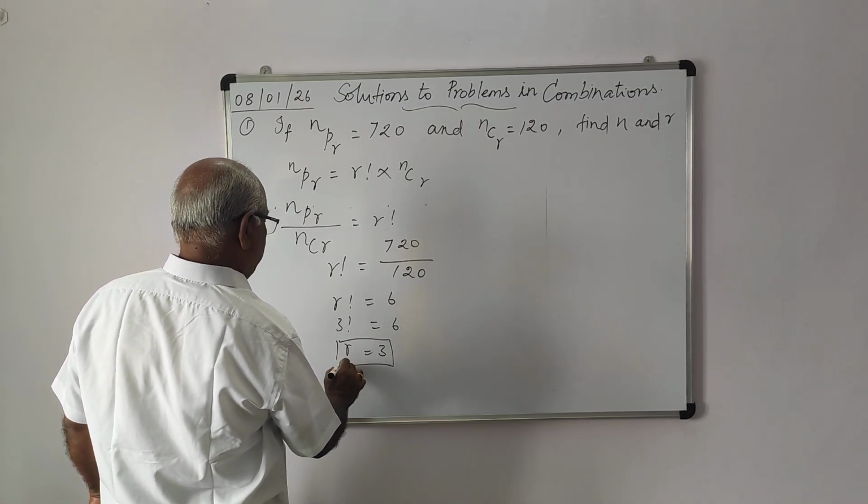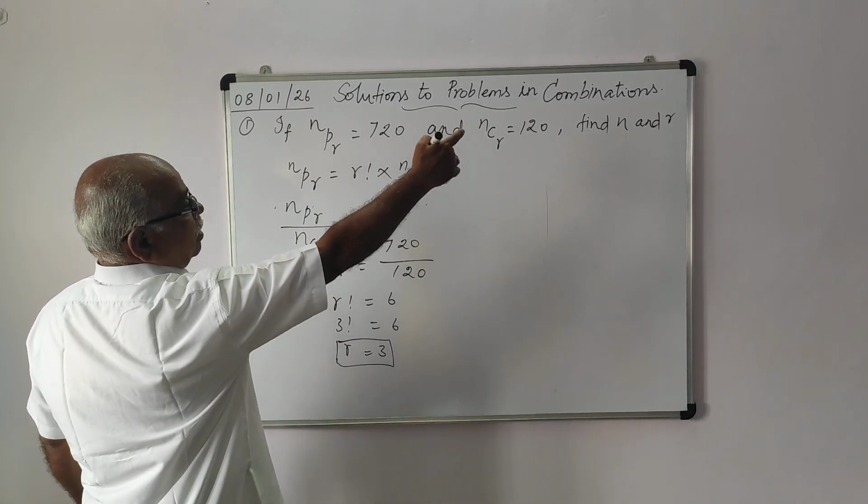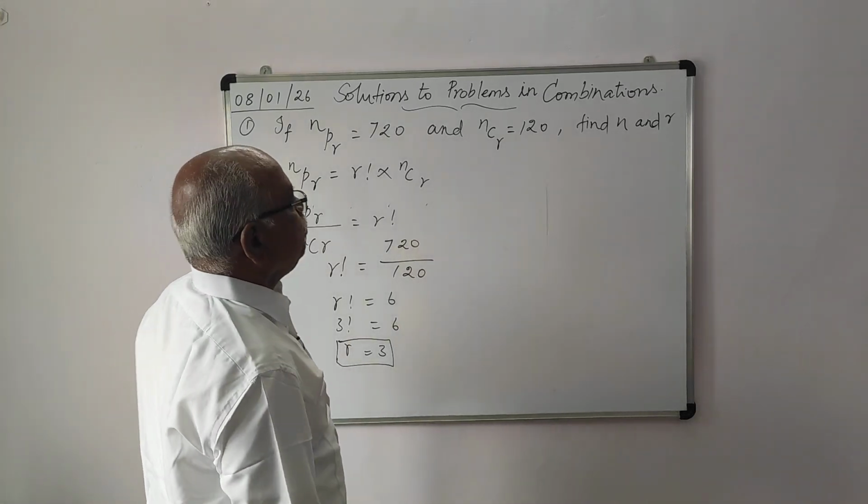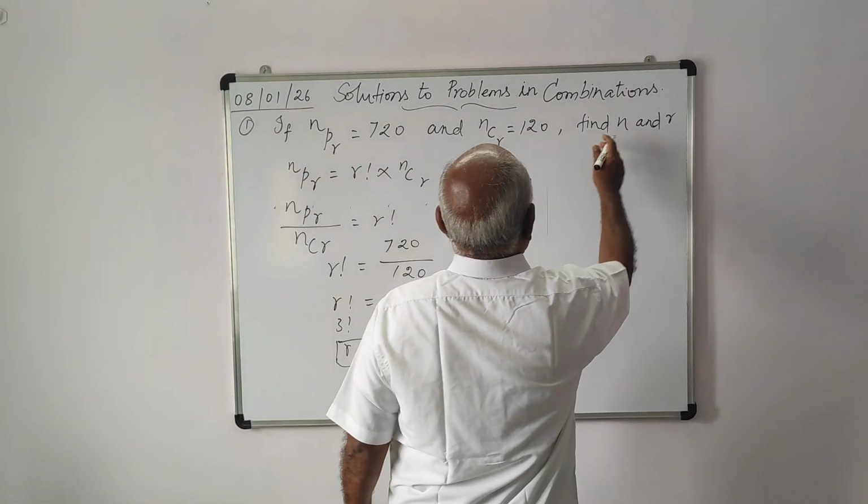First relation, r equal to 3. Next we have to find n.